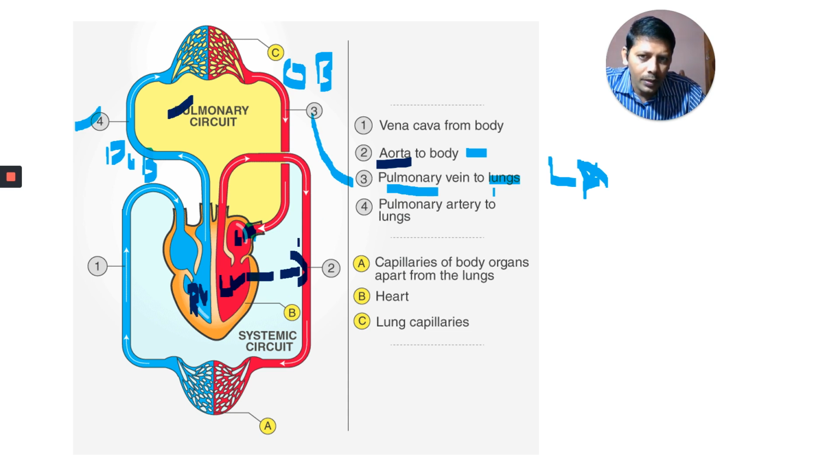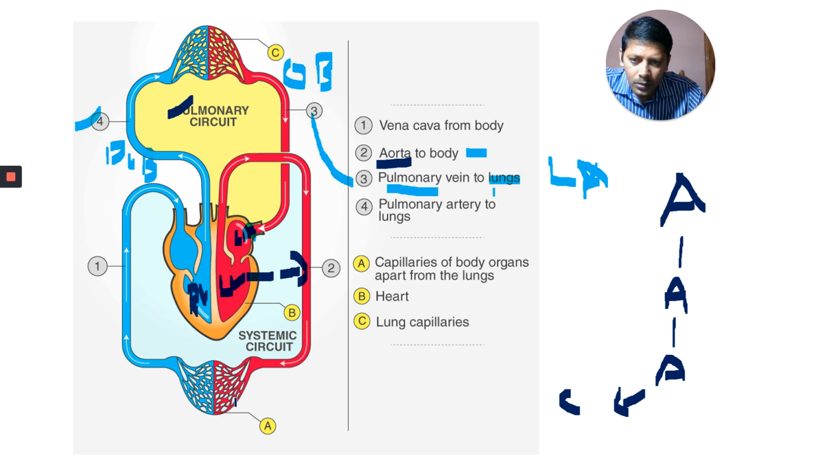Then the aorta divides into arteries, the arteries divide to form arterioles, which further divide and form capillaries. You can see here these are the systemic capillaries. These are also systemic capillaries, but they have deoxygenated blood.